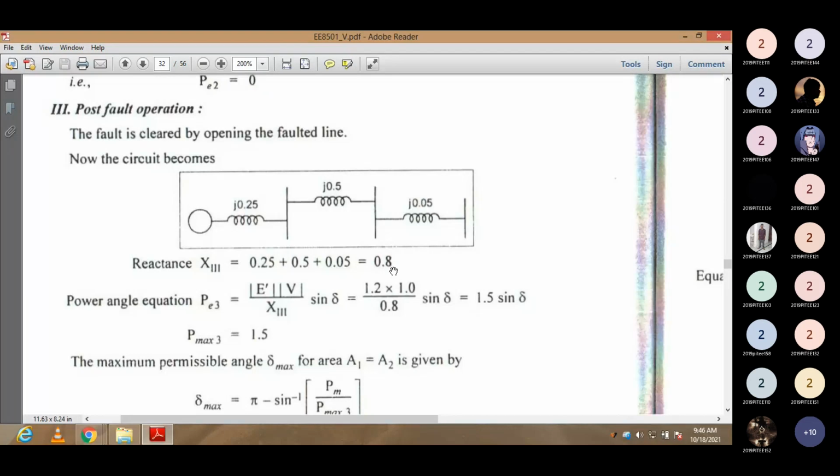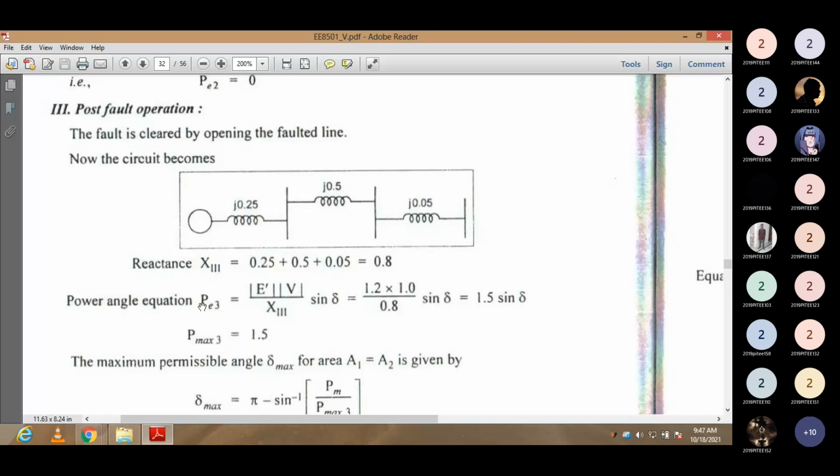Correct? So next one is I need to find out the maximum angle. So in the pre-fault operation, we determined the initial load angle. In the post-fault operation, we can easily find out our maximum angle. So the integral limits are evaluated during the 3 cases.